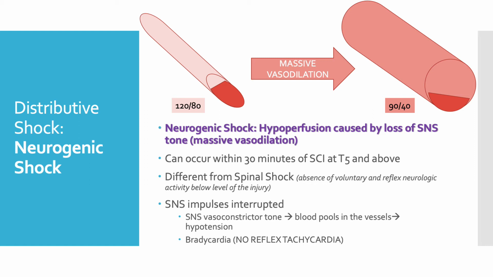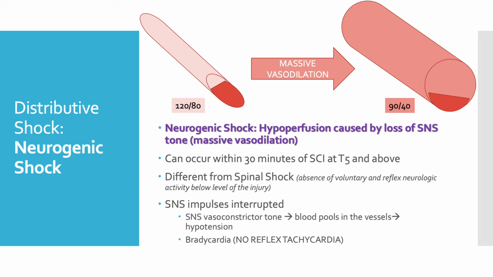So think of the opposite of the sympathetic response, our parasympathetic system. So rather than shunting blood to our core and to our vital organs and seeing tachycardia, we see vasodilation. And that's why this falls into distributive shock, this massive vasodilation.